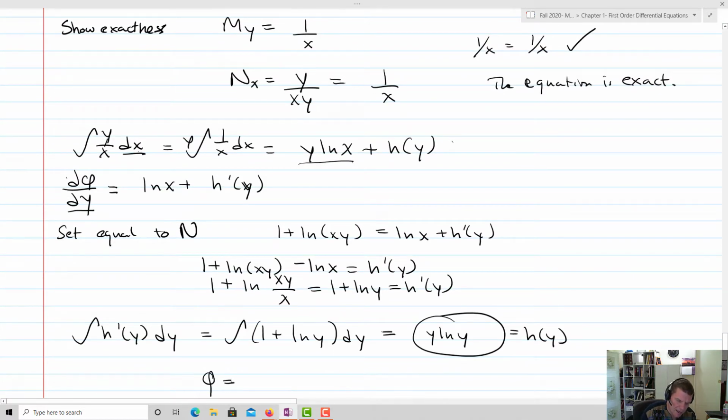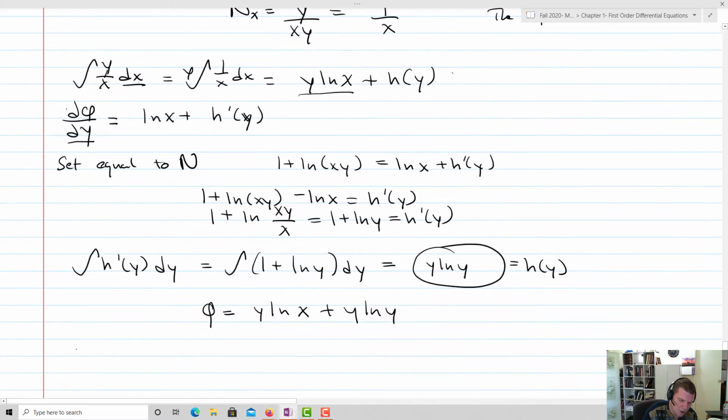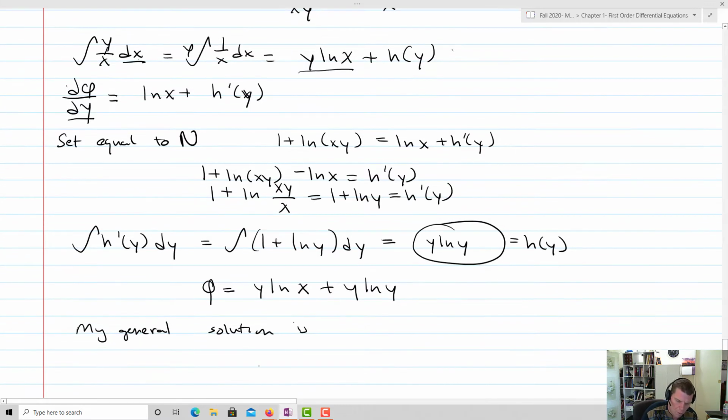So phi is going to equal y natural log of x plus y natural log of y, and that's phi. And so my general solution is not just phi; my general solution is y ln of x plus y ln of y equals c. And that's how it's done.